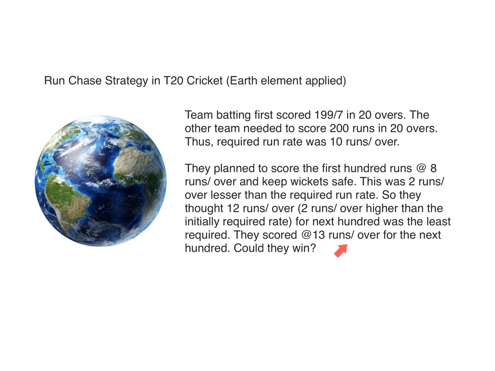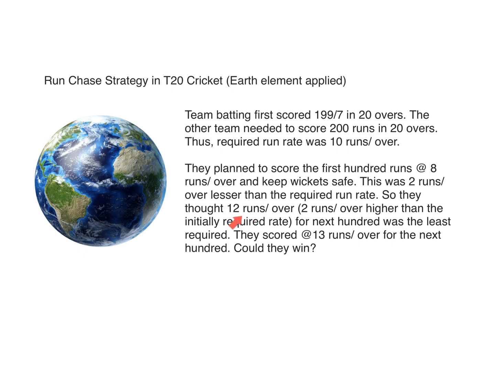They planned for 13 runs per over actually, and they scored that way for the next 100. The point is now, could they win? It gives the first impression that yeah, they should be winning, because initially they scored at a run rate of 8 runs per over, and then in the second half, or second 100 runs, they scored at higher than 12 runs per over.